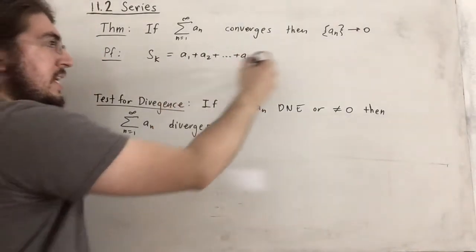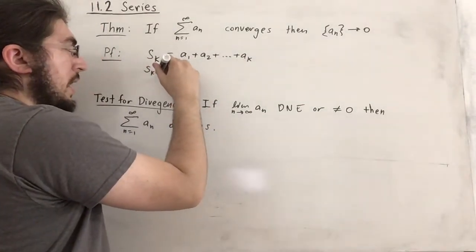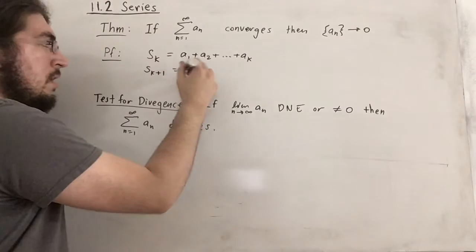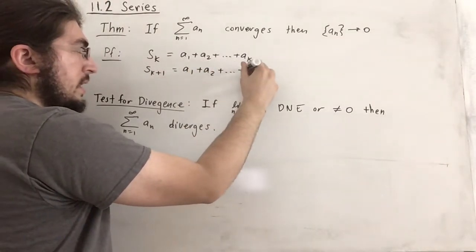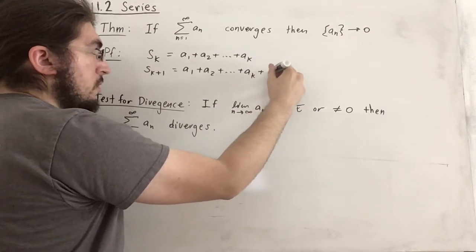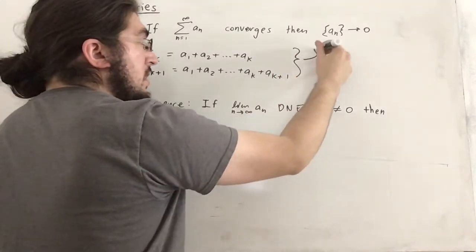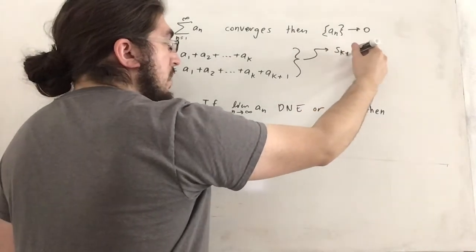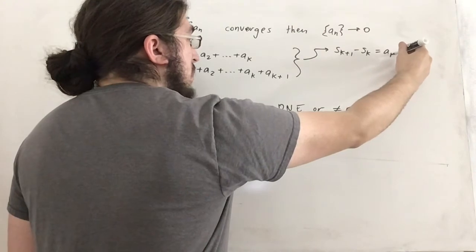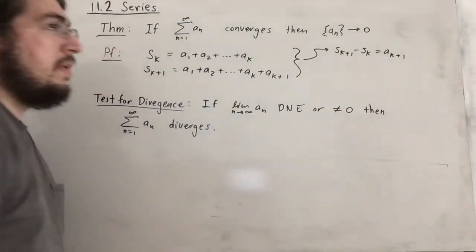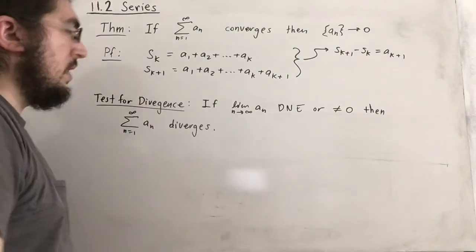And then if you consider the next partial sum, S sub k plus 1, this is a1, a2, all the way to a sub k, and then one more term, a sub k plus 1. Meaning, if you were to combine these by subtracting, S sub k plus 1 minus S sub k is just equal to a sub k plus 1. You could also do this with a different subscript, but this way works as well.